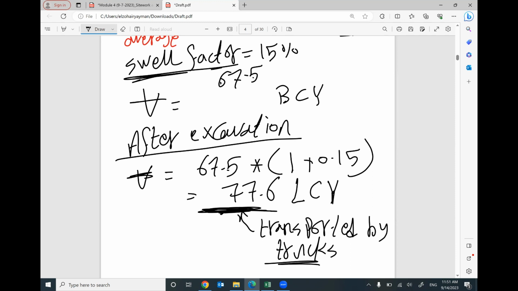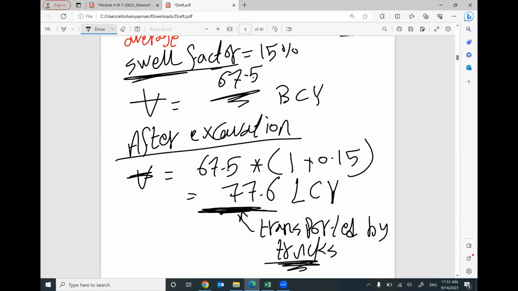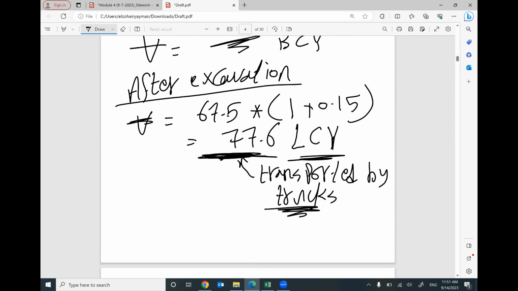Later, we will work on the trucks, how many trucks we need to rent, how many workers, how many excavators. So at this moment, keep in your mind, we have bank cubic yards based on the actual dimensions of your excavation, and we have something called loose cubic yards. After excavation, this is the state of your soil.